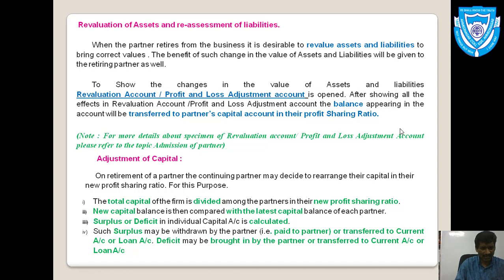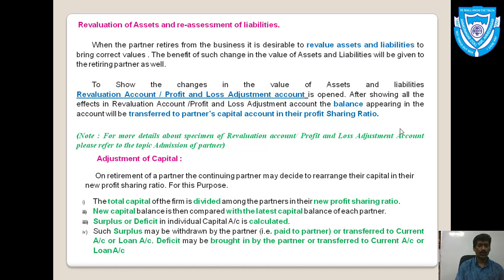We can see here retirement of partner, and the continuing partners may decide to rearrange their capital in their new profit sharing ratio. मित्रांनो, इथं पार्टनर जे राहिलेले पार्टनर म्हणजे रिमेनिंग पार्टनर, त्यांना आपलं कॅपिटल जे आहे हे रिअरेंज करावं लागतं. कसं? तर प्रॉफिट शेअरिंग रेशोमध्ये. We have so many points here, such as total capital is divided amongst the partners in their new profit sharing ratio.